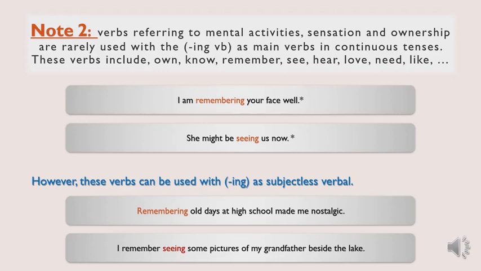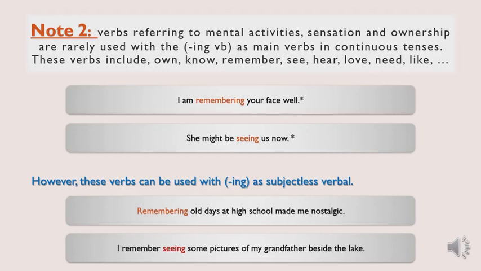The only way to use the verbs that refer to mental activities, sensation, and ownership with the ing is to use them as subjectless verbals. For example, remembering old days at high school made me nostalgic. In this sentence, the main verb is made. Remembering old days at high school is the subject of this sentence. Notice that remembering is a verb plus ing.